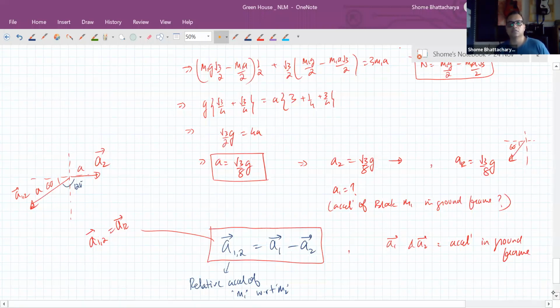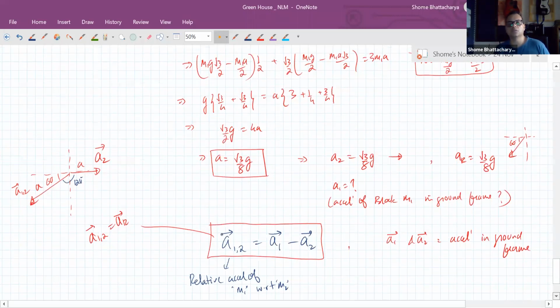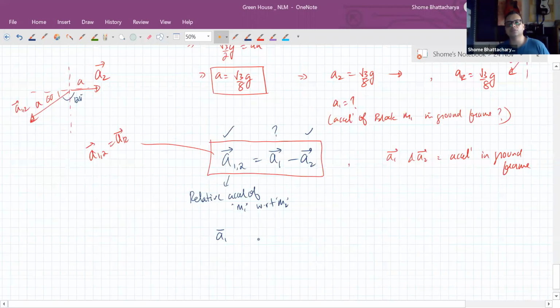Okay. So now this quantity we know, this is the unknown. So A1 is the acceleration of the block with respect to the wedge plus the acceleration of the wedge. Or in other words, it is the relative acceleration plus A2. So magnitude of A1 will just become square root of, okay, cos of 120 degrees, because that is the angle between the two vectors.